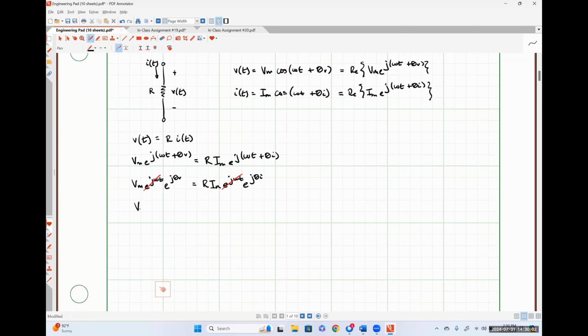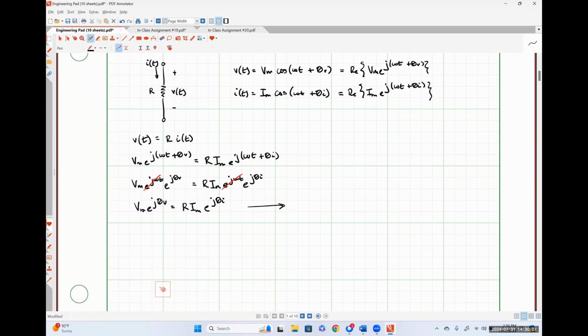So we would just have Vm e to the j theta v is equal to R times Im e to the j theta I. And I want us to make a couple of observations here, okay? So I'm going to do these over to the side really quickly.